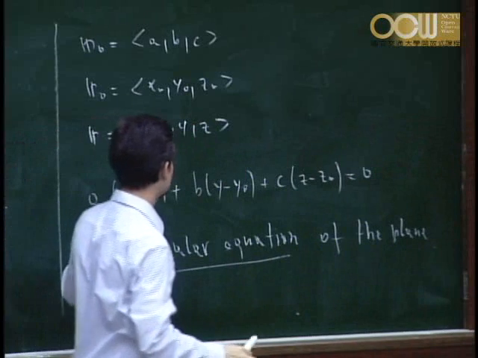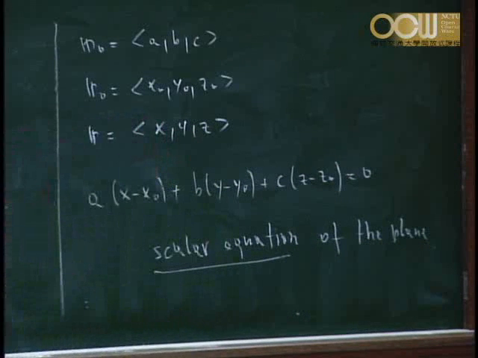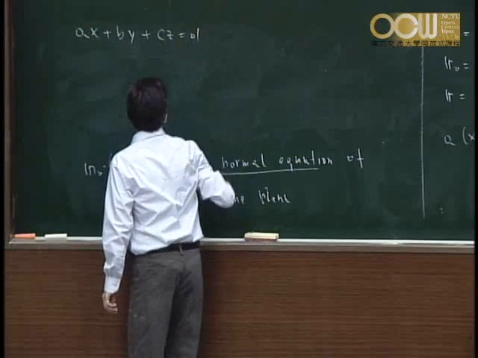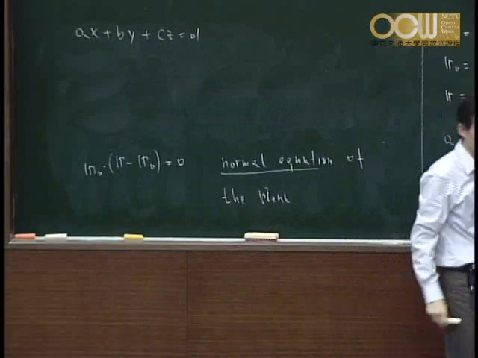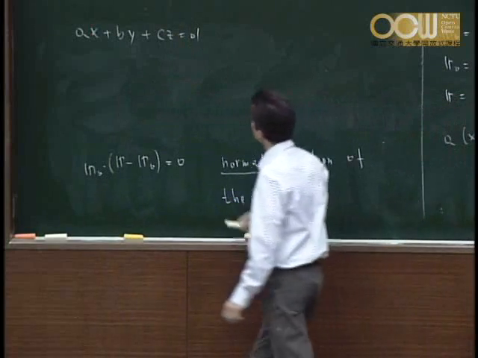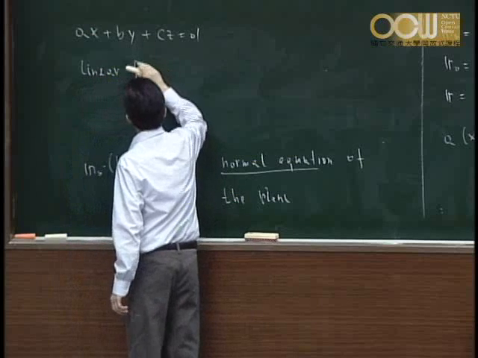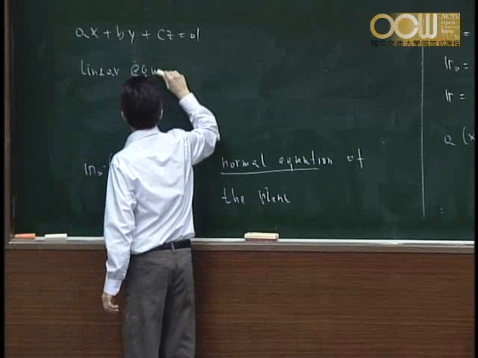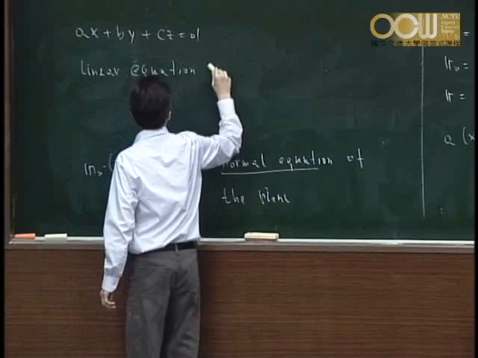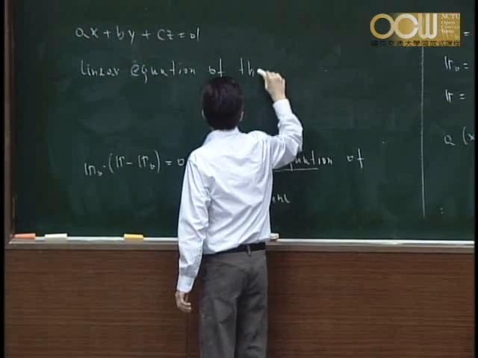Namely, from this one you immediately get ax plus by plus cz is equal to some d, and this is the form you know, and this is called the linear equation of the plane.